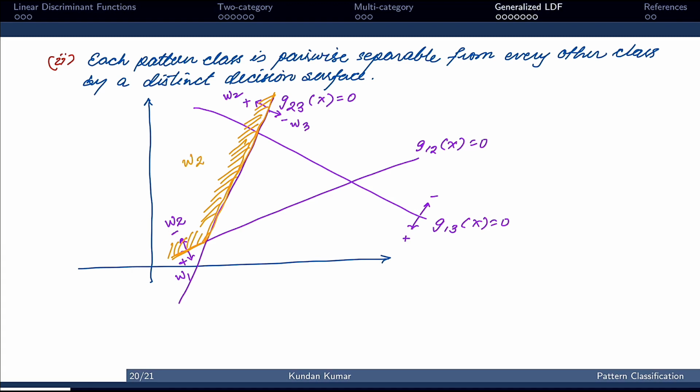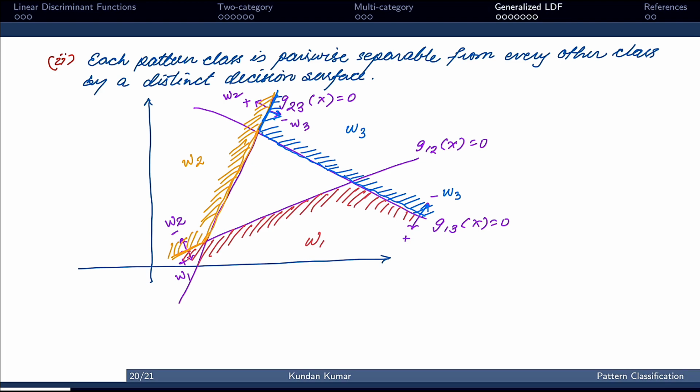Similarly, this side is omega 3 because this is the negative side, and this is the region which belongs to class omega 3, satisfied by the two decision boundaries g23 and g13.